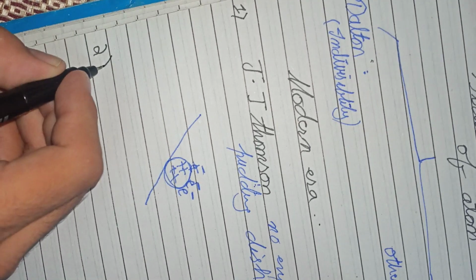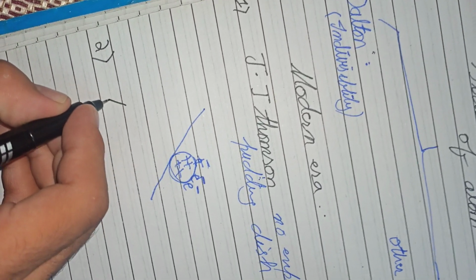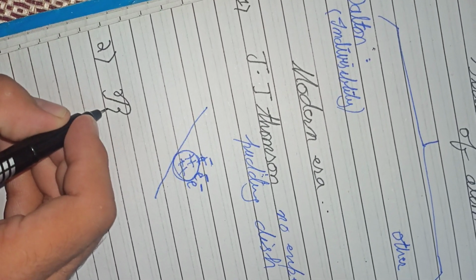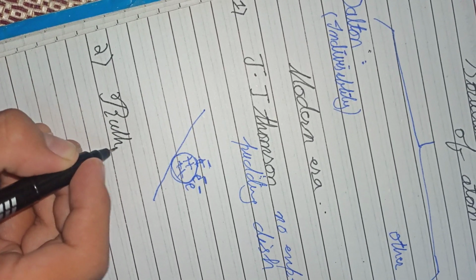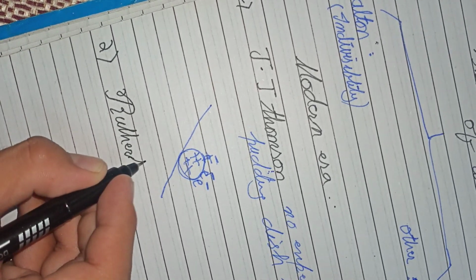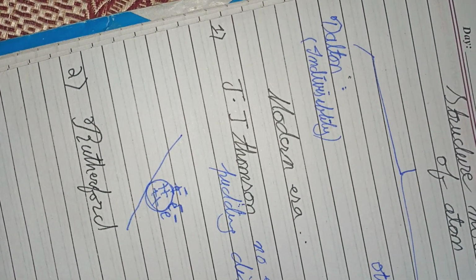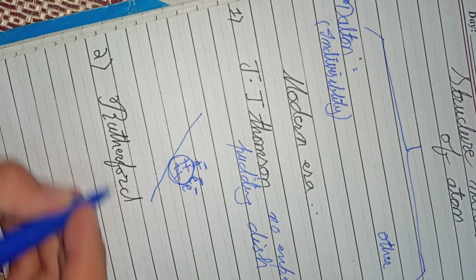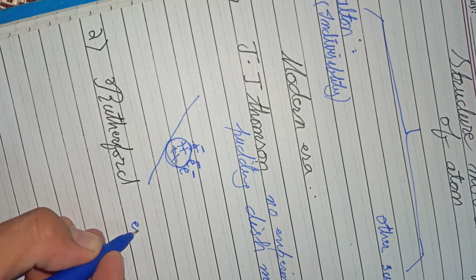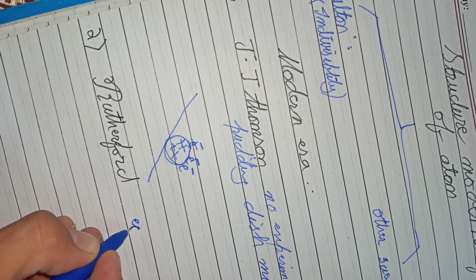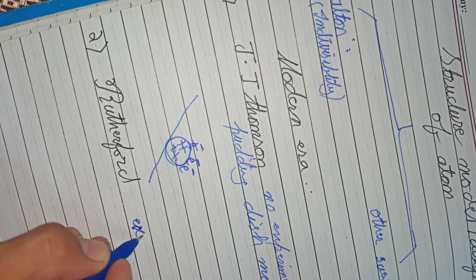Number two, there was Rutherford. Rutherford is important. He tried an experiment but he failed.